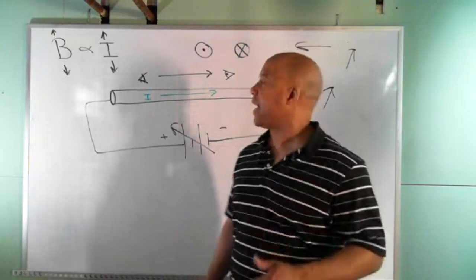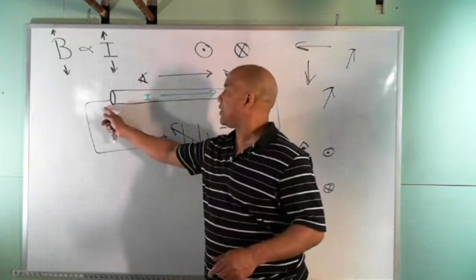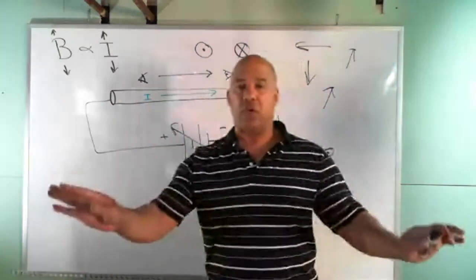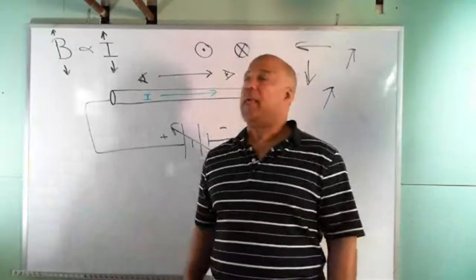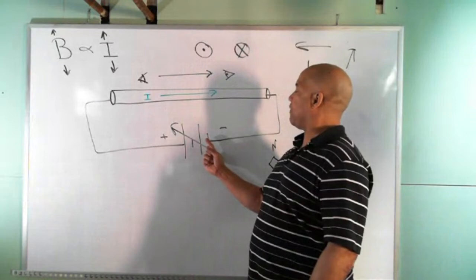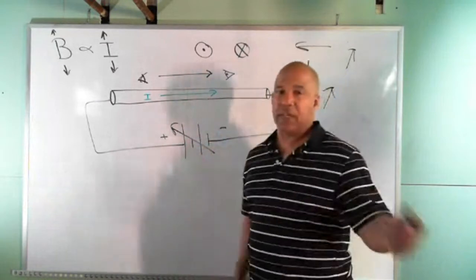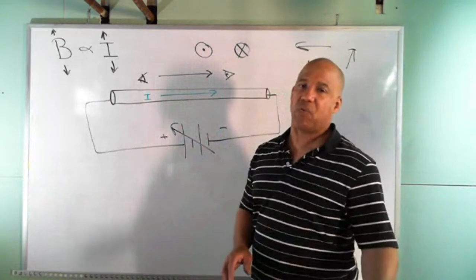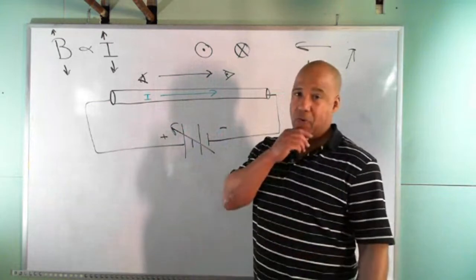We assume incorrectly that current flows from positive to negative. If you assume conventional current flow, then you use the right-hand rule. If you assume electron flow, the actual direction of current flow from negative to positive, then you use the left-hand rule. We will never, ever in this class use the left-hand rule. Everything for us is the right-hand rule.